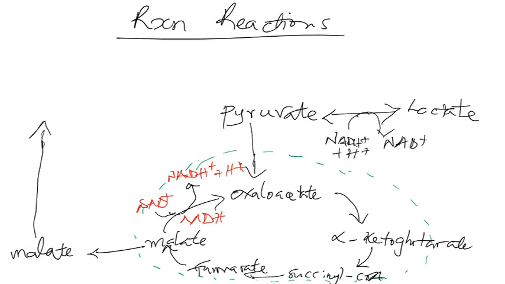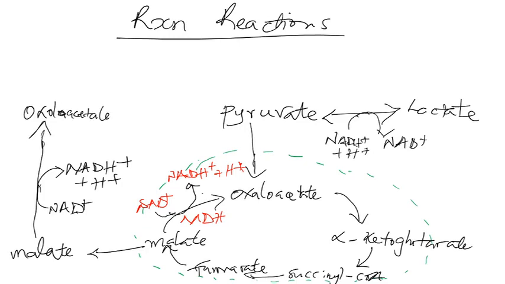So it's a replica of this step in the mitochondria, where you have NAD plus being converted to NADH plus a hydrogen. So that is the reduced form of NAD plus. So we are forming here oxaloacetate.